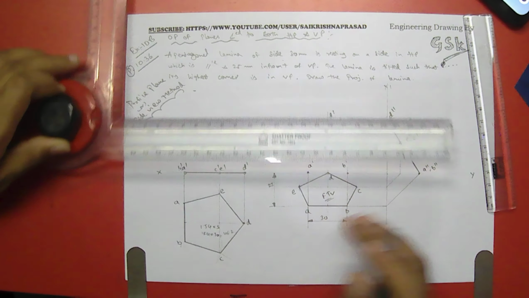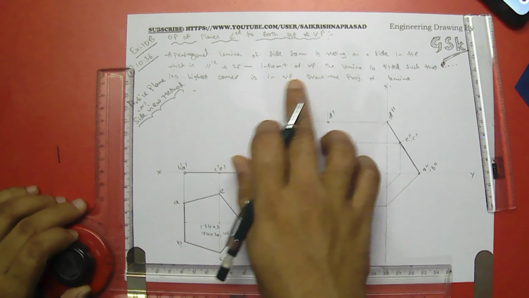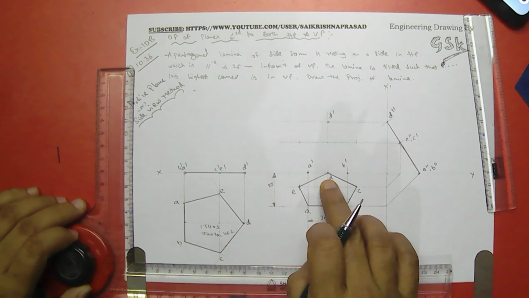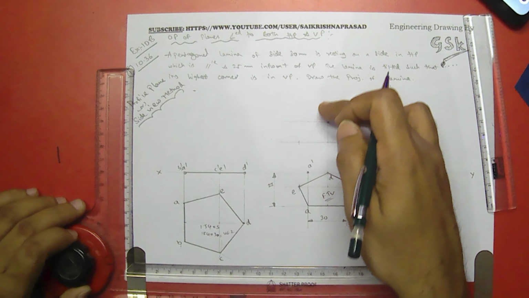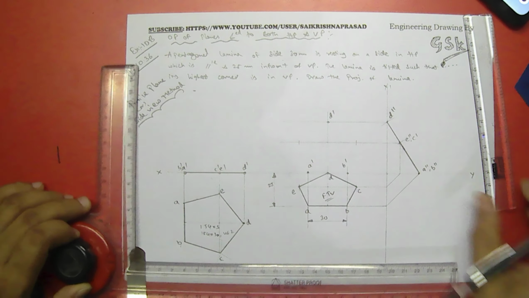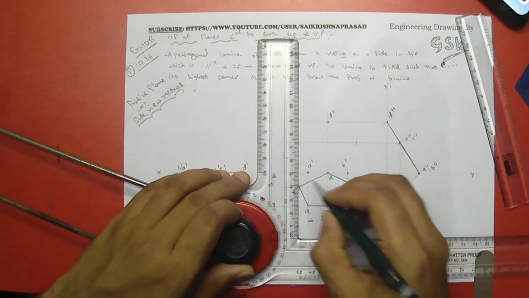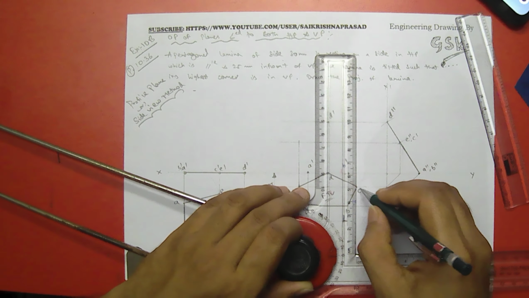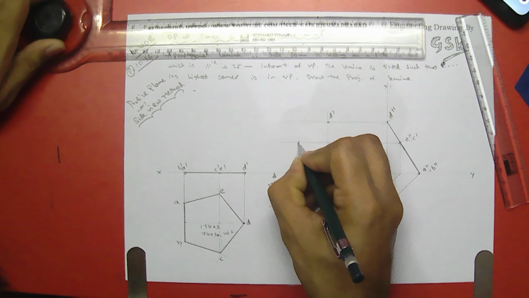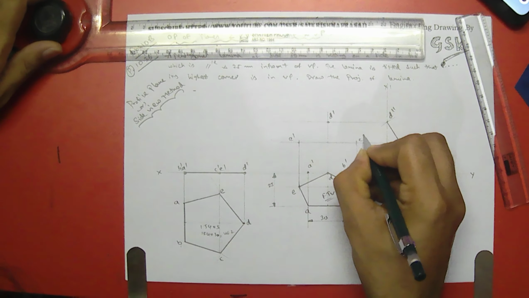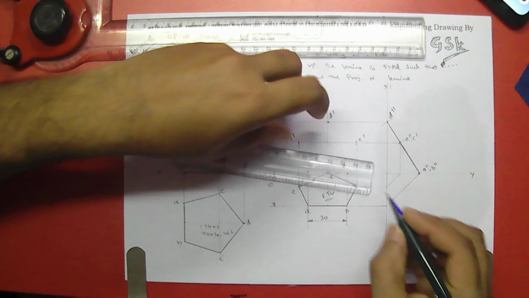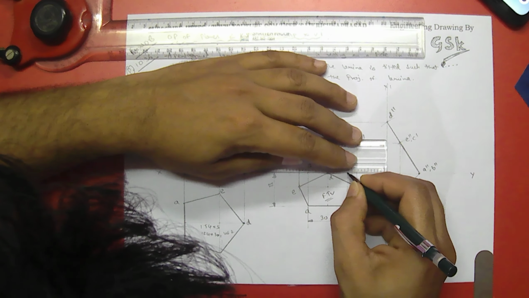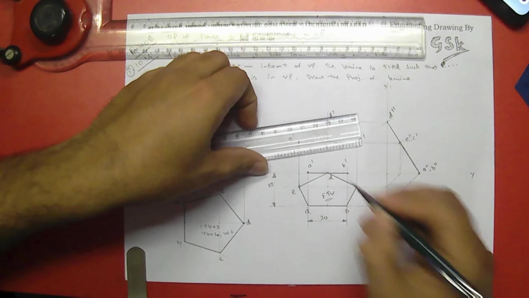So this AB is satisfied, and the corner is in VP, so D is in VP, so that view directly falls onto the reference line, and simply I can project it up. This would become E dash, this would become C dash. AB is on HP, so the front view of the line AB falls on the reference line.